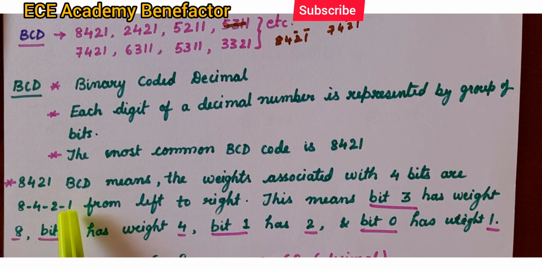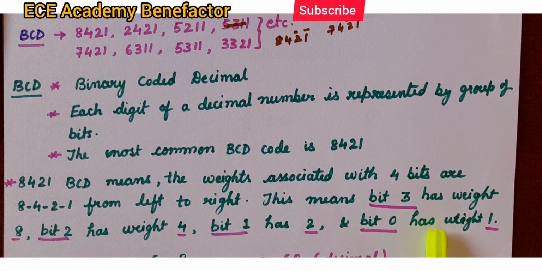So we will say this is bit 0, bit 1, bit 2, bit 3. For bit 3 the weight is 8, for bit 2 the weight is 4, for bit 1 the weight is 2, for bit 0 the weight is 1.